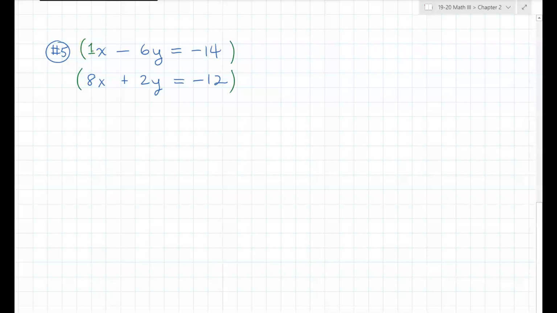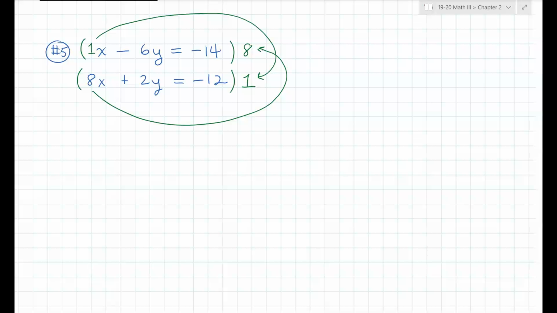The 1x. I'm going to multiply the bottom equation by the 1 from the x. And then the top equation, I'm going to multiply it by the 8 from the other x. So this 1 went there. Right now I'll erase these things. And this 8 went there. I'll erase the arrows, that way it doesn't confuse people. But I'm just showing you guys.